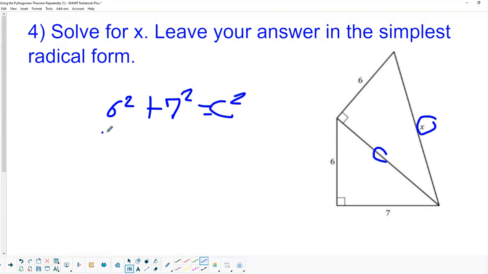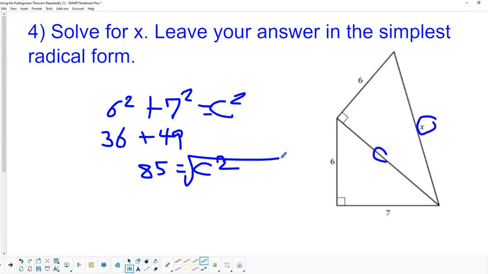Well, 6 squared is 36, 7 squared is 49, and the two total up to be 85, which is equal to c squared. So now I take the square root of both sides, and I get c equals the square root of 85.